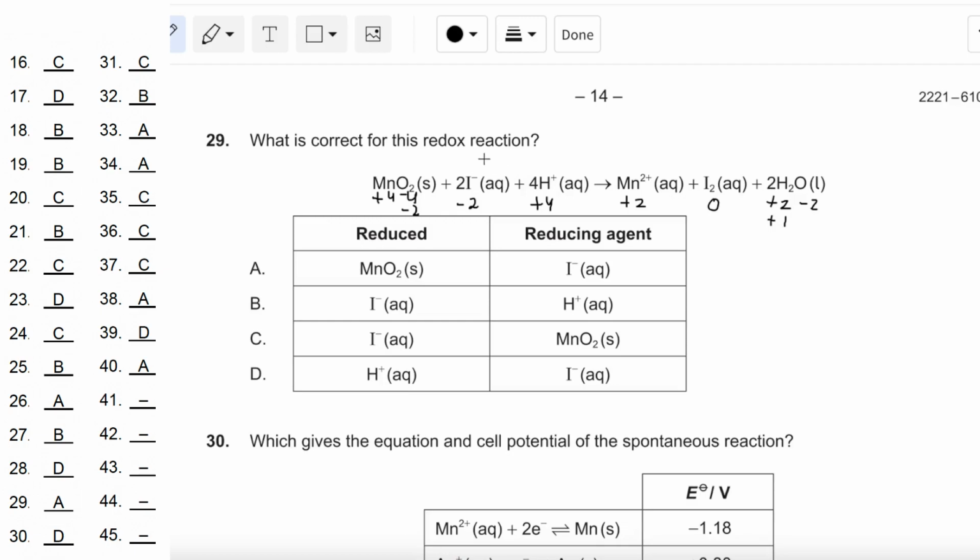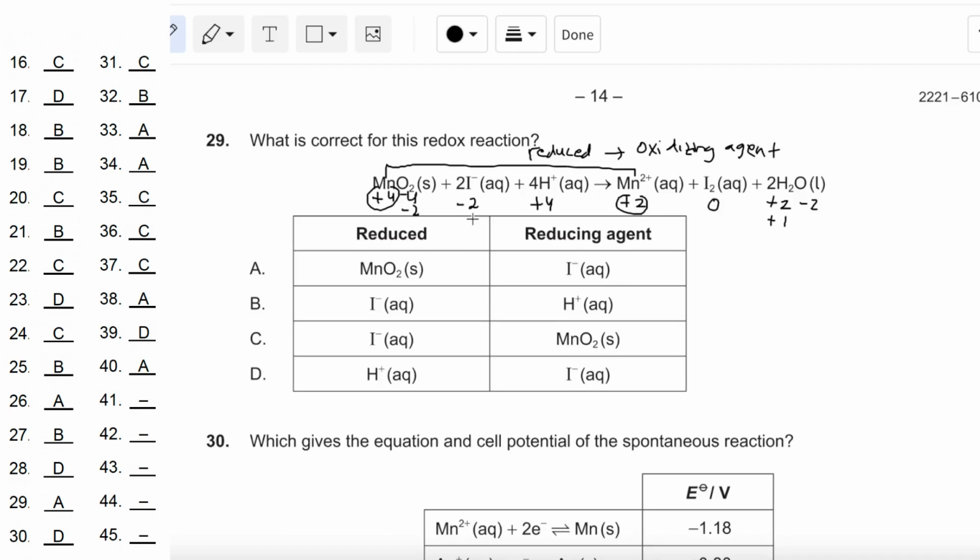So Mn goes to Mn2 plus: +4 to +2 decreases, which is reduced. If it's reduced, it's acting as the oxidizing agent.